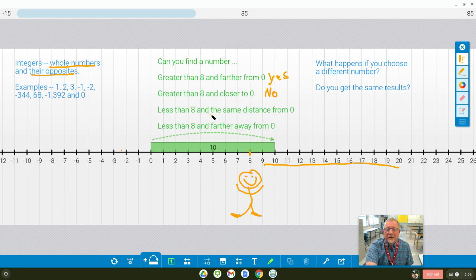Can you find a number that is less than 8 that is the same distance away from 0? So we're going to recalibrate this and put it right there. 8 is 8 away from 0, so we need one the same distance from 0, and it's less. So can we go that way? So it's 8 away. This little tool shows us it's 8 away from 0.